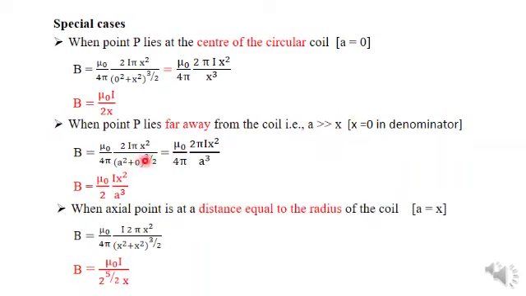After cancellation, B equals mu 0 by 2, I a square divided by x cube. Third case, when the axial point is at a distance equal to the radius of the coil, put x equal to a in the previous equation. So after cancellation, B equals mu 0 I divided by 2 raised to 5 by 2 into a.